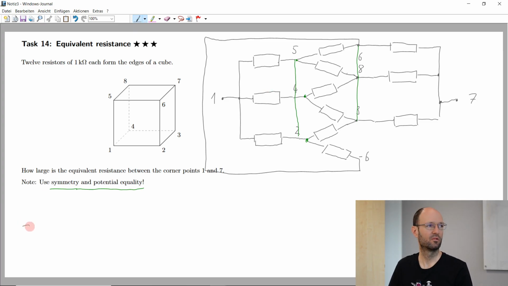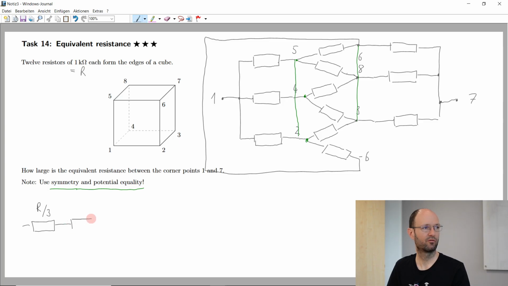So we have from this some equivalent resistance of 3 resistors in parallel. So if we call this R here, the 1 kilo ohm, then it's R divided by 3, because we have 3 in parallel. Then here we have 1, 2, 3, 4, 5, 6 in parallel.